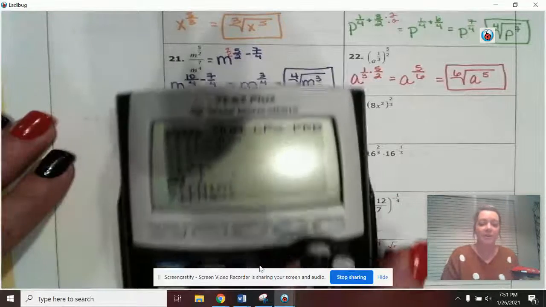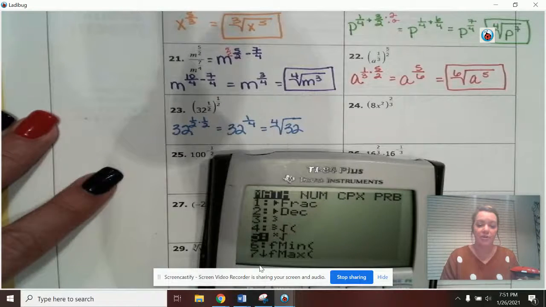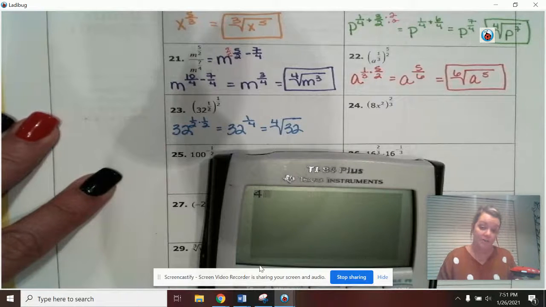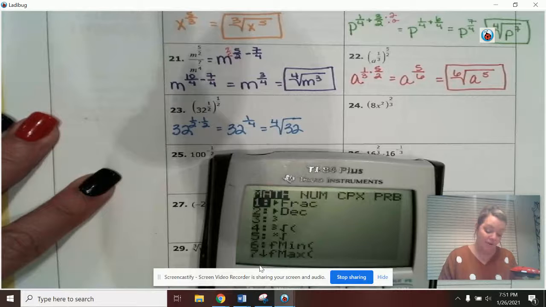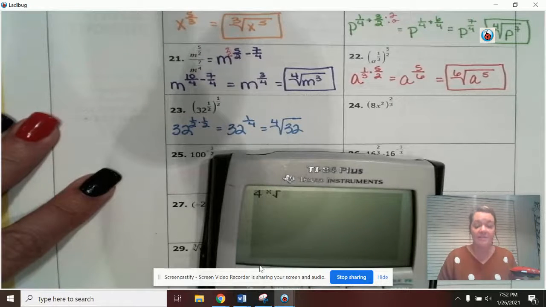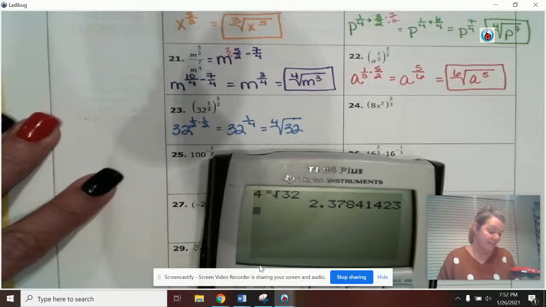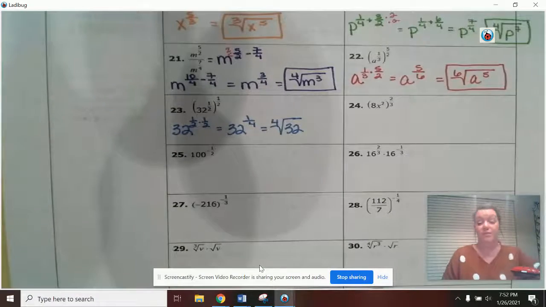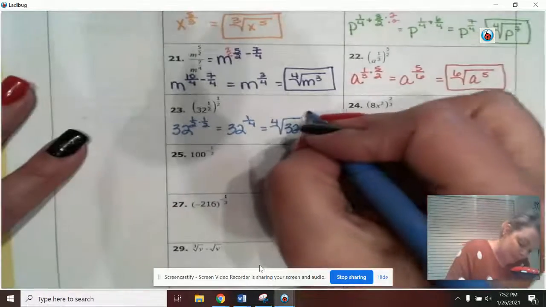So if I'm going to find the 4th root of 32, I hit the 4, go back under math and go down to number 5. That's going to do the 4th root of 32. I can see that that's a decimal, so I don't want to use it. I'm just going to leave the 4th root of 32. It's a much prettier number.